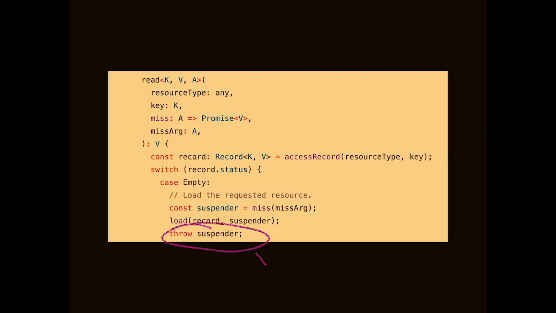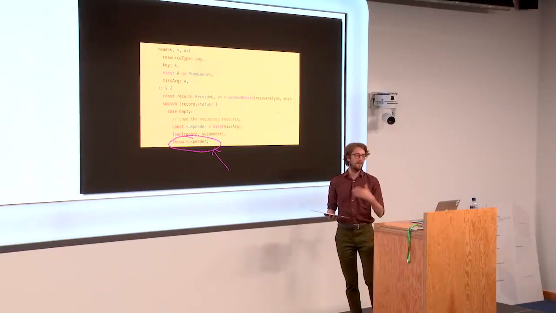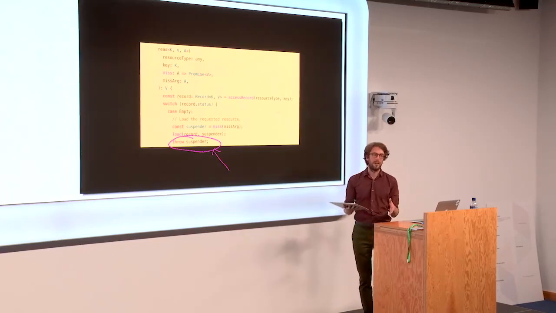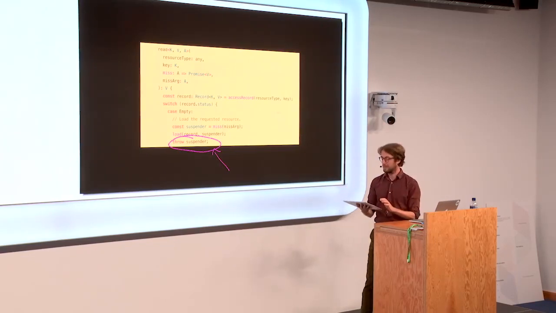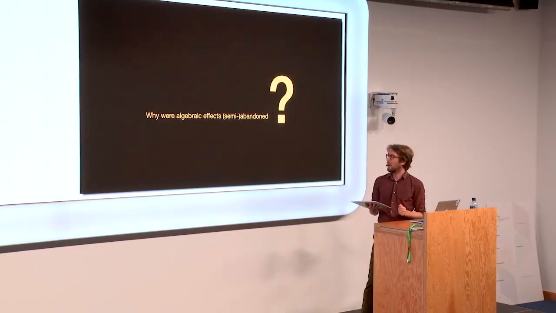Well, sadly, this too went, but for one crucial exception, which was React suspense. So React suspense uses this kind of mechanism. It throws a promise that is then handled, and when it resolves, the computation resumes. But we don't have any kind of generic algebraic effects in React yet. Why were they semi-abandoned? Why don't we have them?